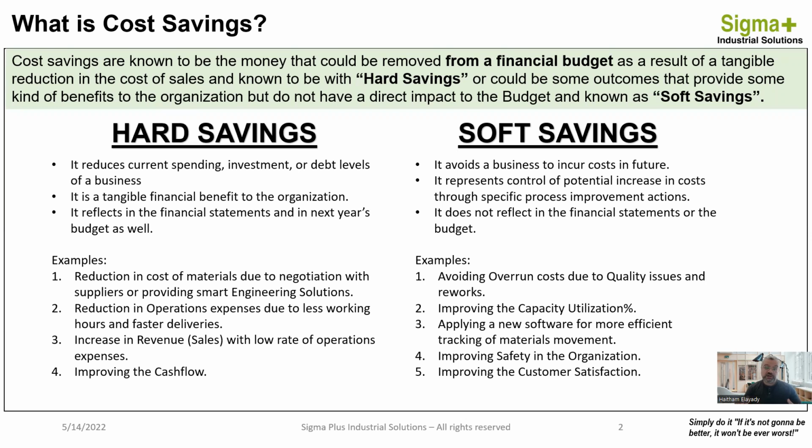All of those actions are reported under the term of hard cost saving because they drop in the basket of tangible reduction from the financial budget.